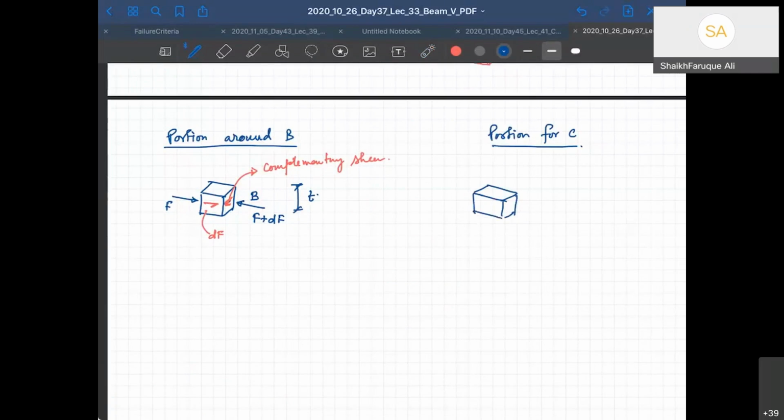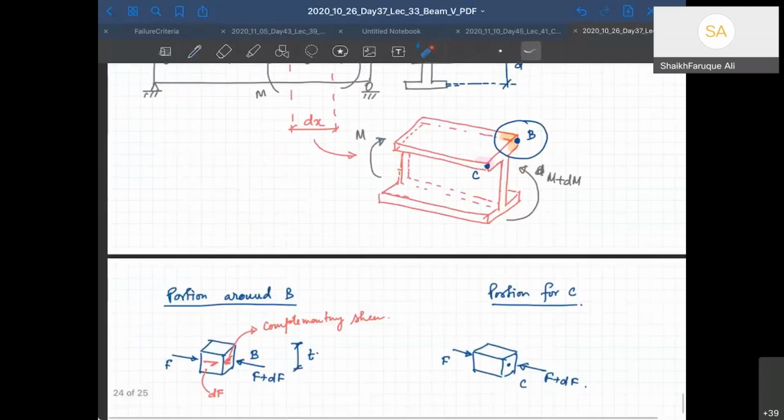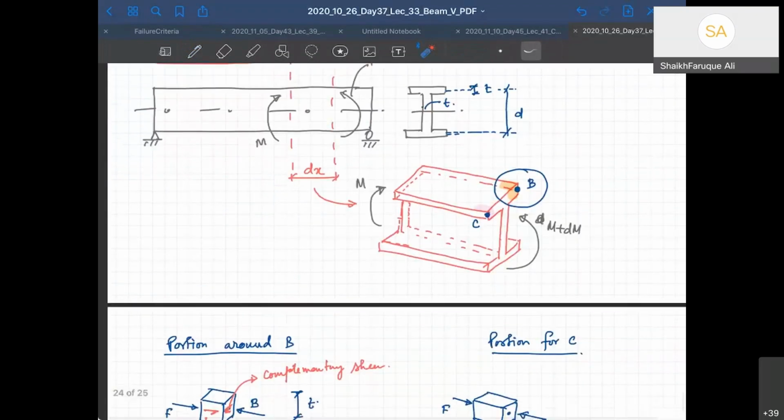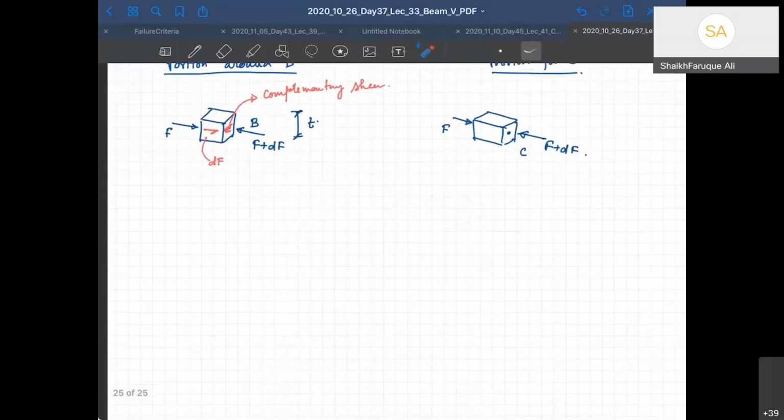Okay, this is your portion C. Now in this case, this side is F, this side is F plus dF. But what about the other side? This will not be on this side, right? That will be on the other side, because this side is a free surface here. So the other side is going to be inside there. It's going to be dF.